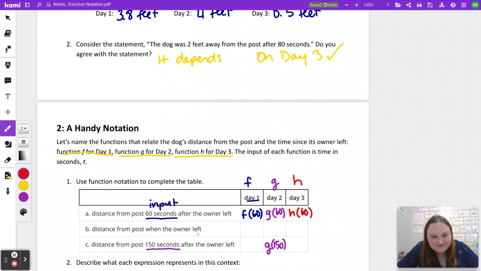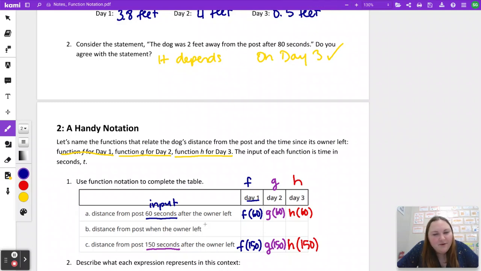If I wanted to finish this last row here, for day 3, I'm just going to use the letter H to let me know I'm talking about day 3, but the same input. And then similar for day 1, I'm going to use F for day 1, and then my input is again 150. That middle row, we've got the distance from the post when the owner left. Remember, I need a number here.